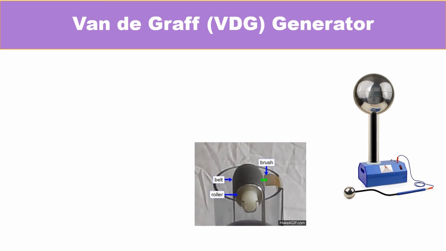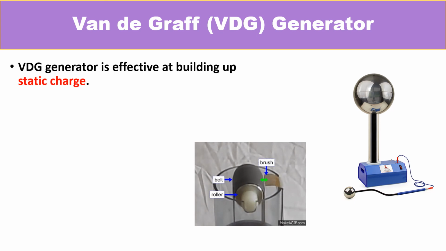The way that we can generate static electricity is using a Van de Graaff generator, which I'm going to call VDG. The Van de Graaff generator is such an effective tool to build up electricity. Sadly, this requires a demonstration, which we cannot do online, so the demonstration will be done when you guys come back.